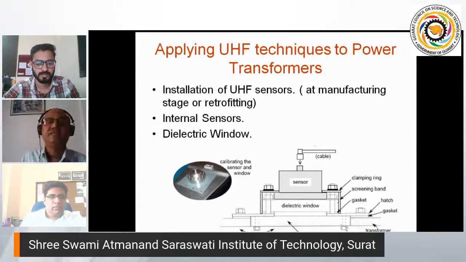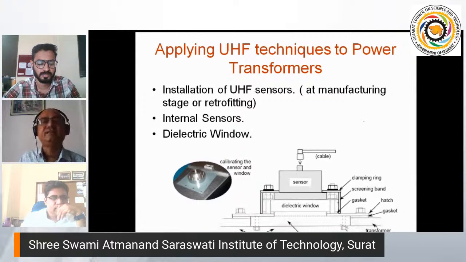When we go to the application of UHF in a power transformer, we have to put in sensors, which are antennas to capture the electromagnetic wave. But if the tank is a metal tank and PD is occurring inside the tank, the tank will act as a Faraday cage. It will not allow the PD pulses to come out if you put the sensor outside.